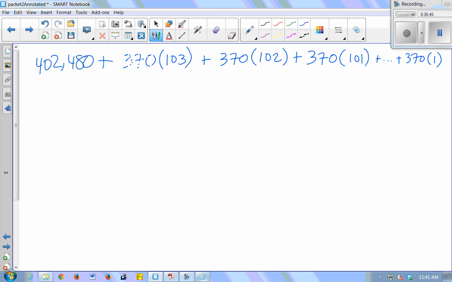So it's a little less messy, a little less ugly. I sort of can wrap my brain around what I'm trying to add up. How I'm going to add it is still unclear.